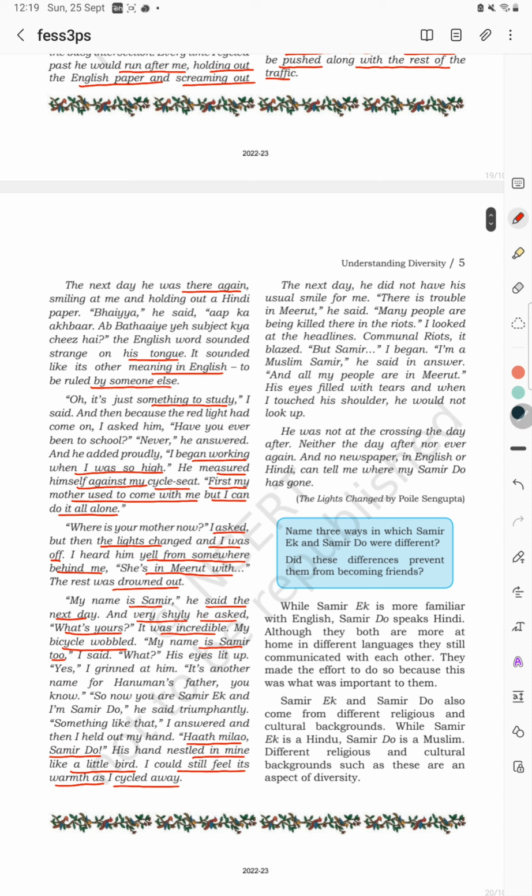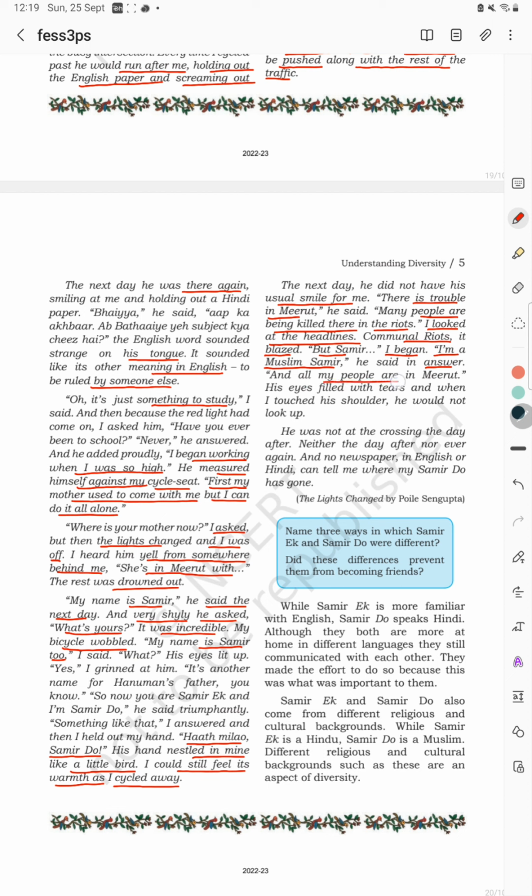The next day, he did not have his usual smile for me. "There is trouble in Meerut," he said. "Many people are being killed there in the riots." I looked at the headlines. "Communal riots," it blazed. "But Samir," I began. "I am a Muslim, Samir," he said in answer.